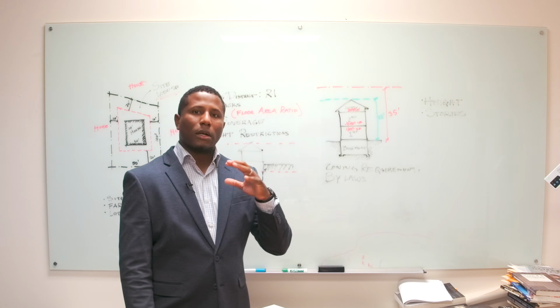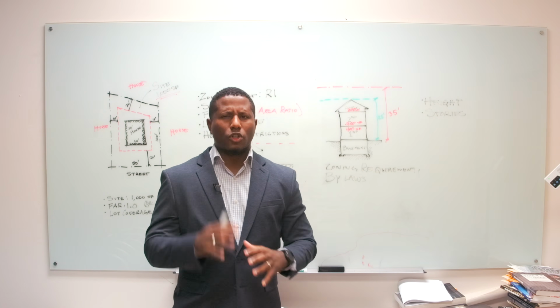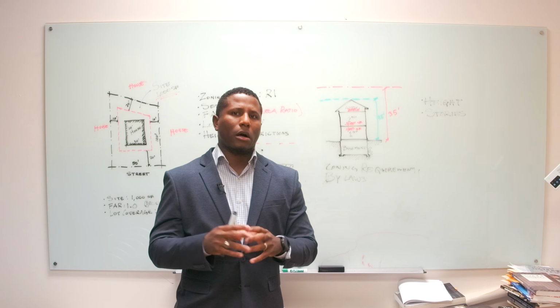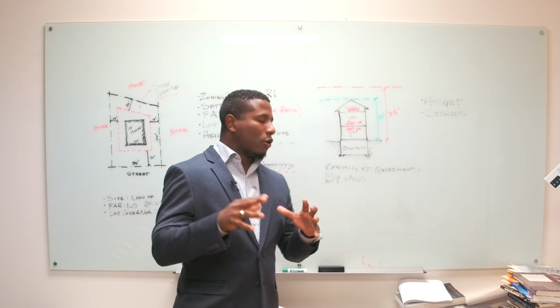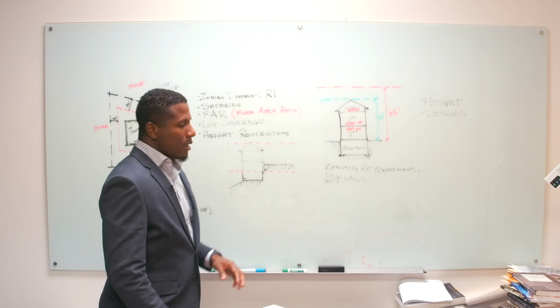If you don't know what I'm talking about, just refer to the video that we previously recorded to get a little more sense of where we are within this series. So let's jump into the height restrictions.